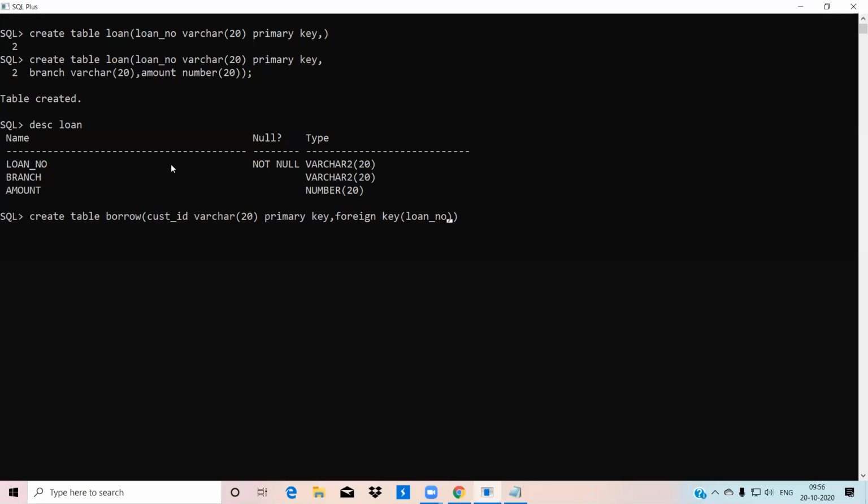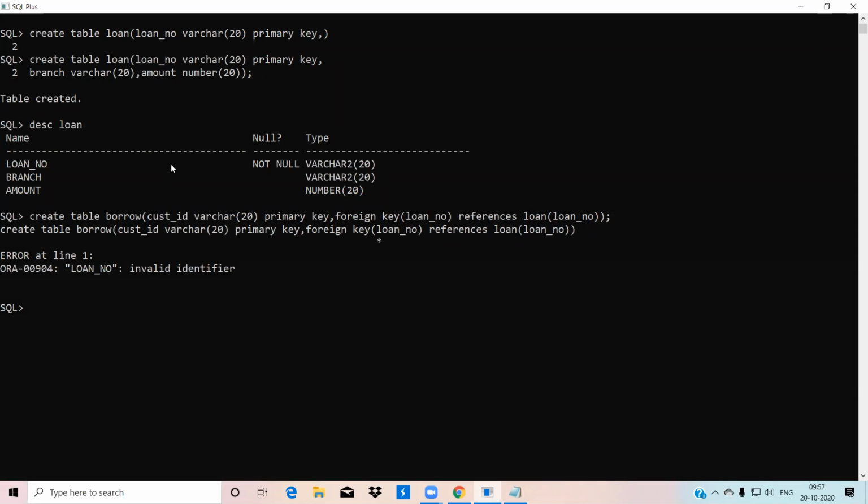Foreign key loan_number references which table? Loan, using loan_number.